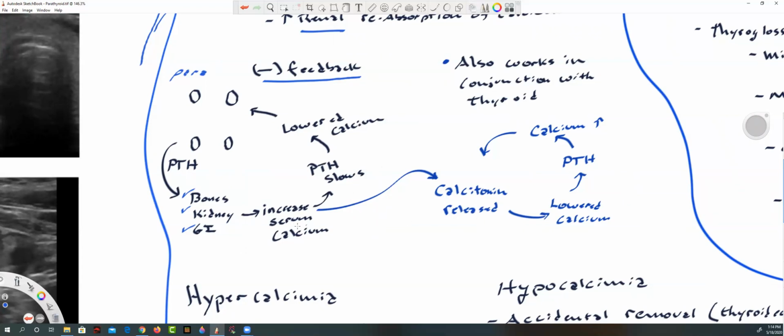So when we have an increase in serum calcium, the hypothalamus sees that and tells the pituitary gland. The pituitary gland tells the thyroid, hey, release calcitonin. So that also works to lower the calcium.